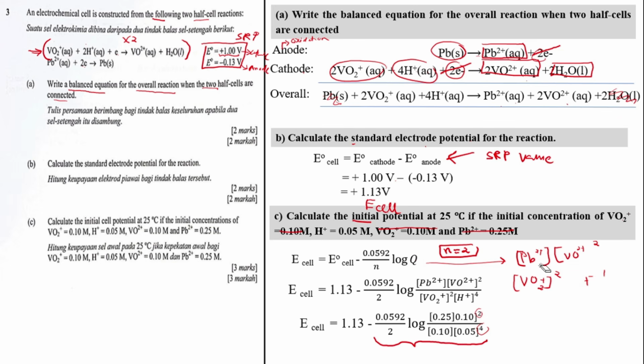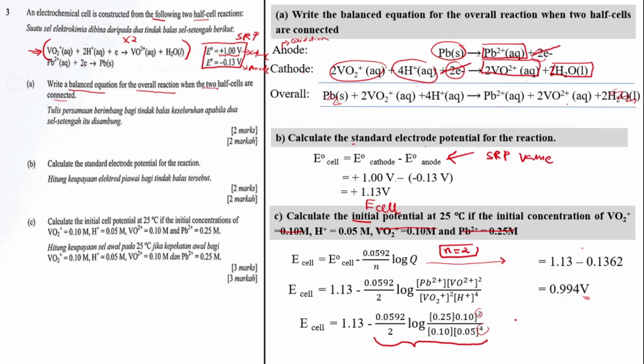Okay, so inside the calculator, when you settle this term here, you're going to get 1.13 minus 0.1362. Okay, so please put this value inside your calculator and make sure that you get this value here. So 1.13 minus this value, you're going to get the value of the initial cell potential to be 0.994 volt.